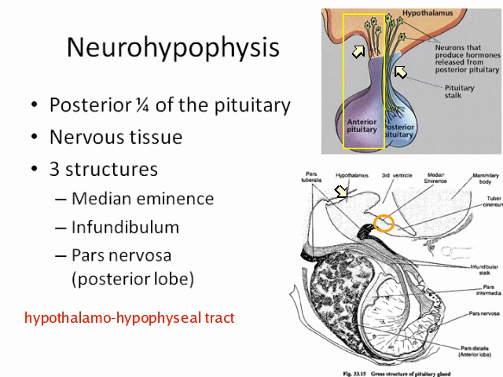The areas that I am more concerned about, for the purpose of our conversations, is this area right in here, which is the infundibulum, and then the pars nervosa, which is basically that center area of the posterior pituitary.